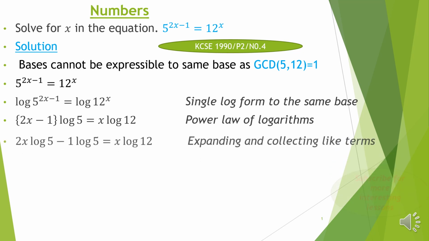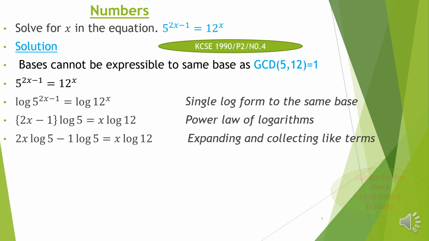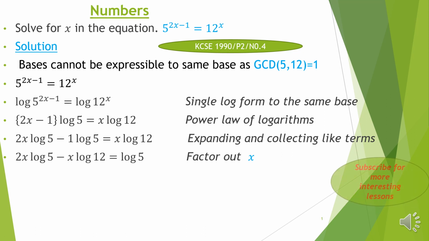Then step 3, we expand and take away the brackets, where we now have 2x log 5 - 1 log 5 = x log 12. Then we collect the like terms. So x goes to the same side, that is 2x log 5 - x log 12 = log 5.